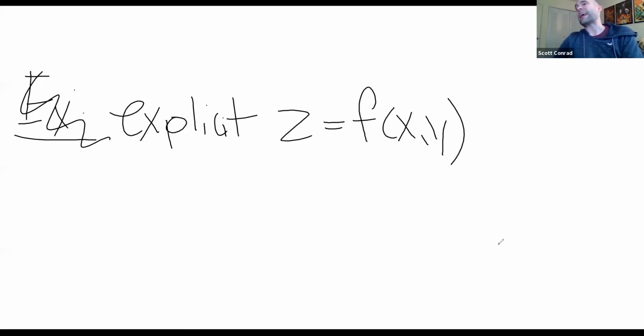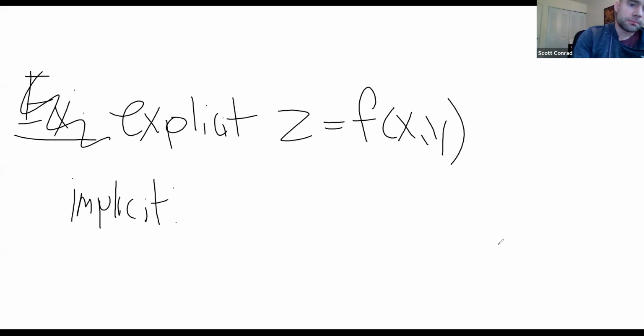So if I had z equals x squared plus y squared, I have z by itself. When I change x and y, I know exactly what z is. If I have some equation where I cannot get z by itself, then I would say z is defined implicitly as a function of x and y.